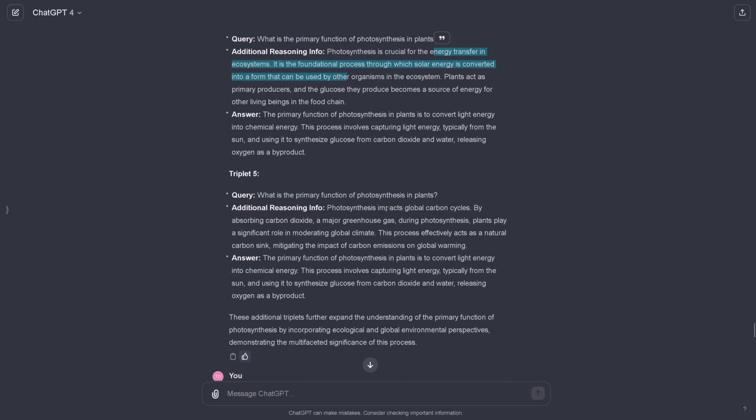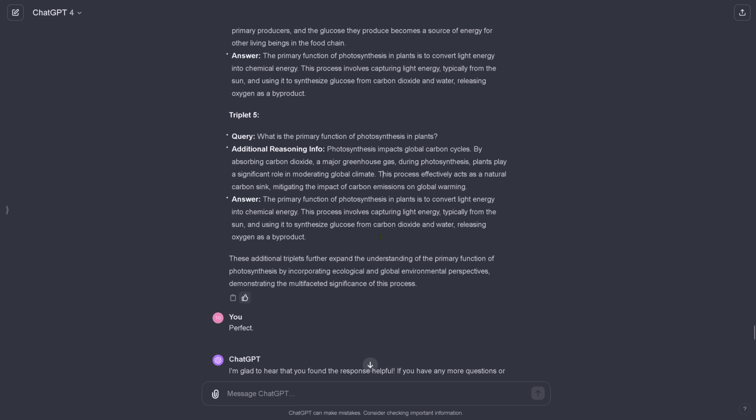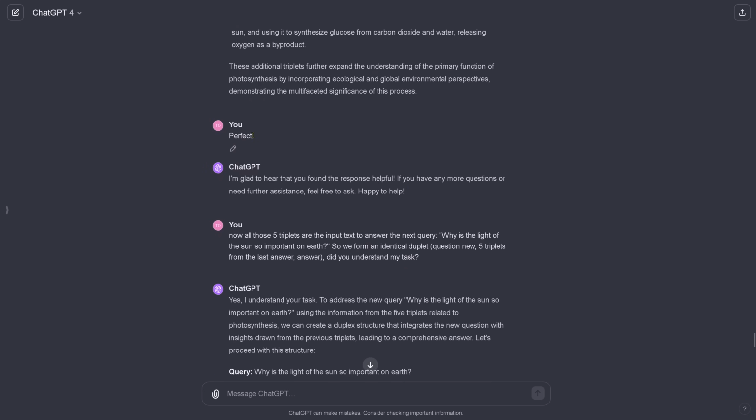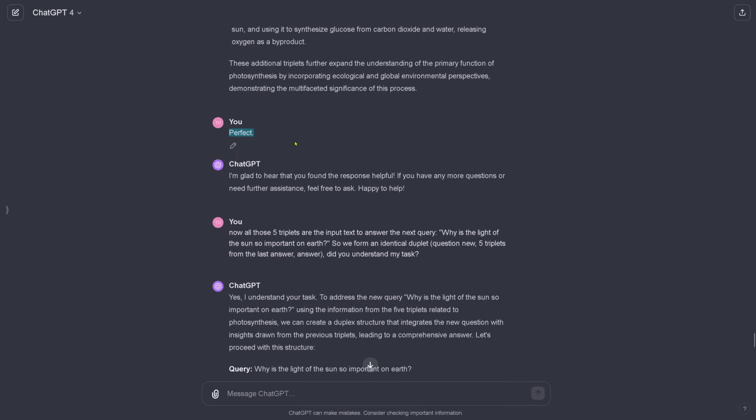And impacts on the global carbon cycle, absorbing carbon dioxide, a major greenhouse gas, playing a significant role in moderating climate change. Somewhat similar to what we already had from the chemical perspective, but now from a climate change perspective. And I say, hey, perfect. And GPT-4 smiles and says, hey, I'm glad to hear that.